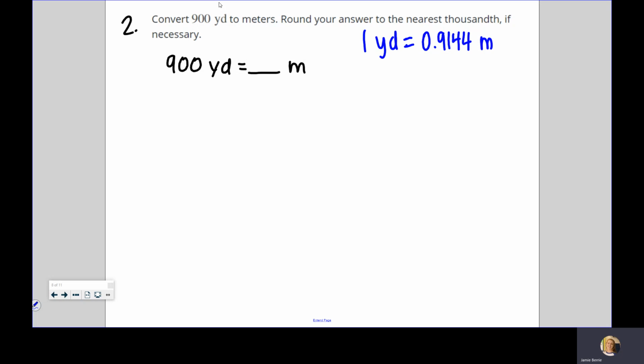So a meter is just a little bit smaller than a yard. All right, so start with what you know, 900 yards over 1. We're going to multiply by a unit factor. We want to cancel out yards, so put yards in the bottom. We're going to go yards to meters.